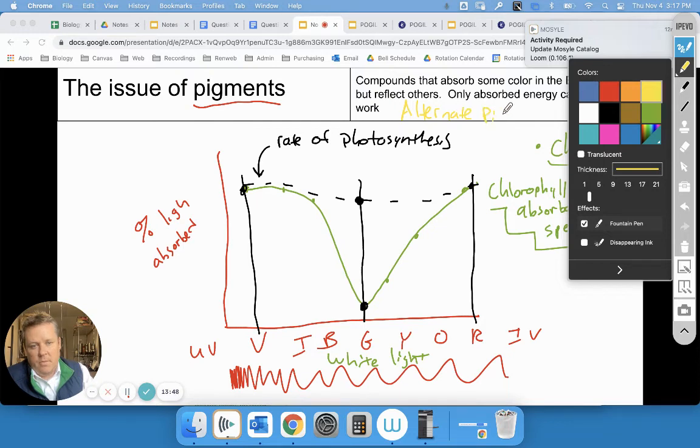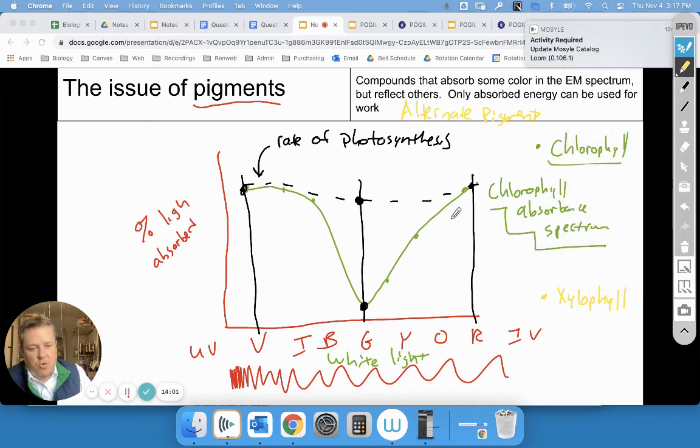Secondary pigments. Things like yellow xanthophyll. Well, yellow xanthophyll has its absorbance spectrum. It's like a trough. Its lowest point is at yellow because it appears yellow to us. And then you can see that it would do this right here, and then this right here.